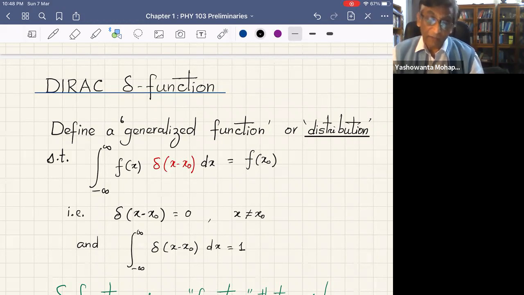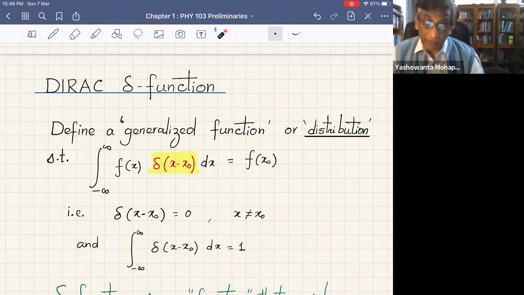So define a generalized function or a distribution such that, suppose there is an f of x from minus infinity to infinity, and this is the function that I'm defining as the Dirac delta function. Suppose this goes to infinity at x equal to x naught, but 0 elsewhere. Then what is the effect of this integral? This integral is finite.